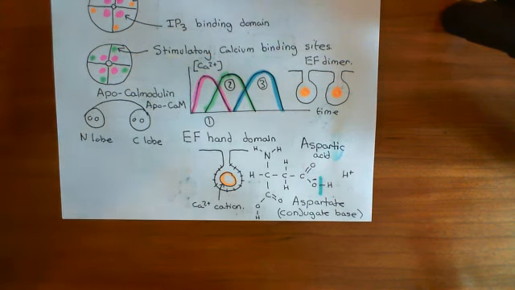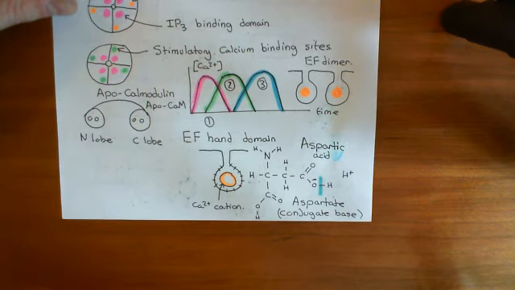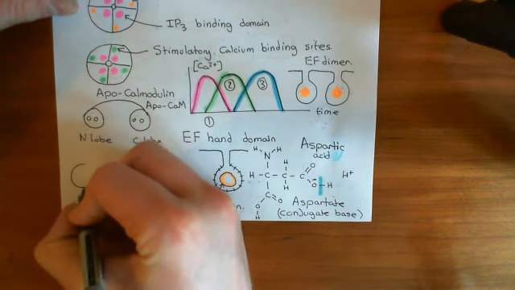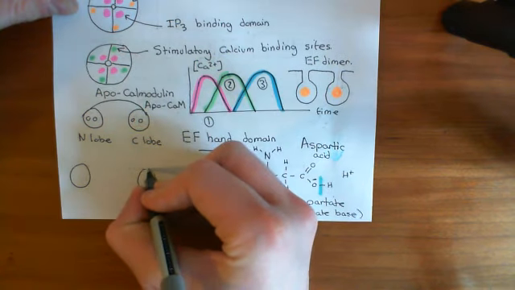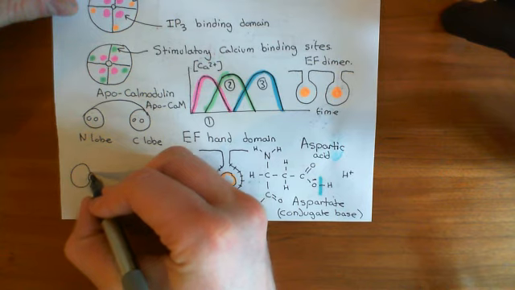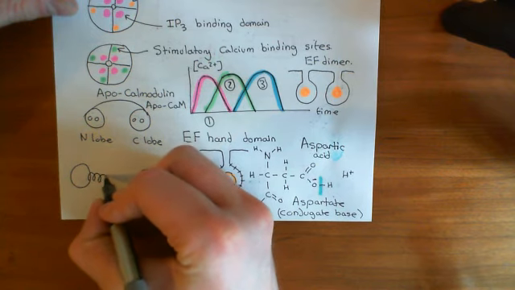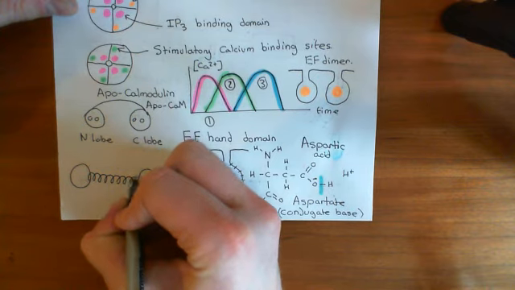Now, when calcium binds to the four calcium binding sites of apocalmodulin, what happens is it changes conformation. The two lobes of calmodulin move further apart, and the linker in between them goes from being a linear polypeptide to being an alpha helical structure here.